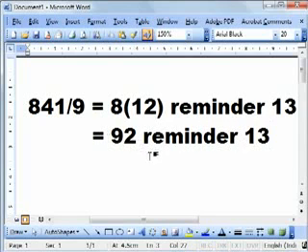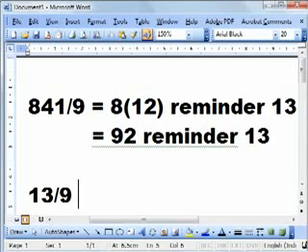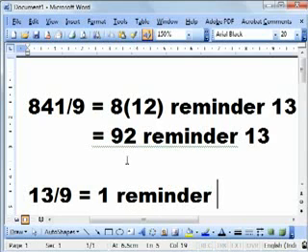So 13 is actually greater than 9. So there again we need to apply the same rule. So 13 divided by 9. This particular operation goes into a second iteration. So 13 divided by 9, again same rule, 1, and the remainder is 4.